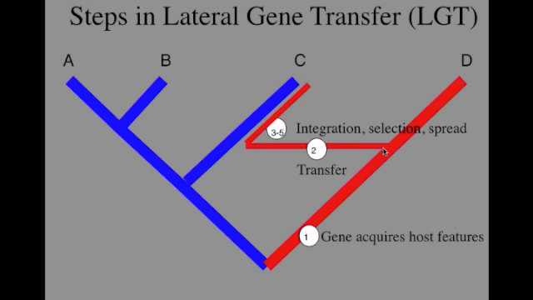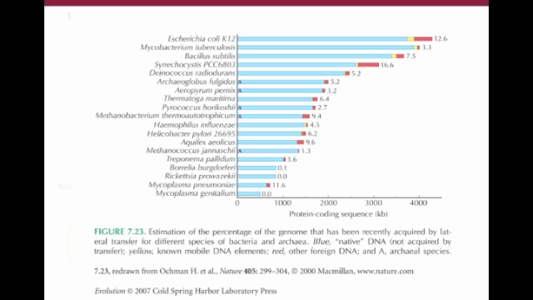So you can build up models for what you would expect to see. Someone applied one of these models and calculated, not over time but as a snapshot for each individual genome, what fraction of the genes appeared to be laterally transferred versus vertically transferred.